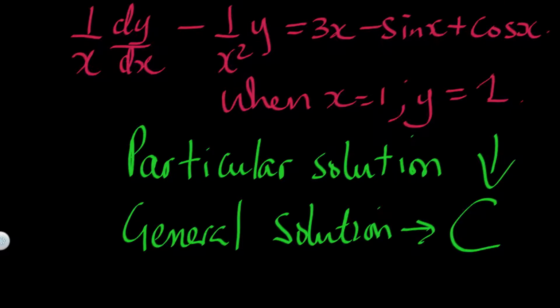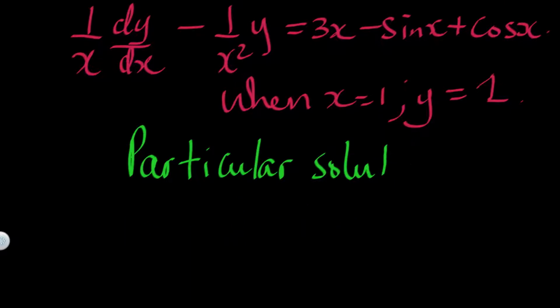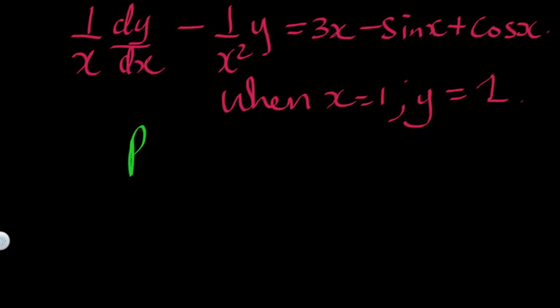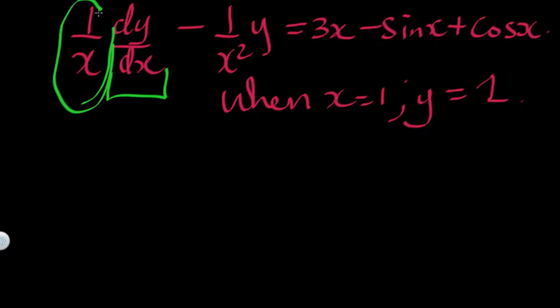Now, I want to do the first step, which is to write my equation in standard form. If this equation is in standard form, I should just have dy/dx here. So I have to remove this 1/x. How do I do that? I multiply throughout each term by x.